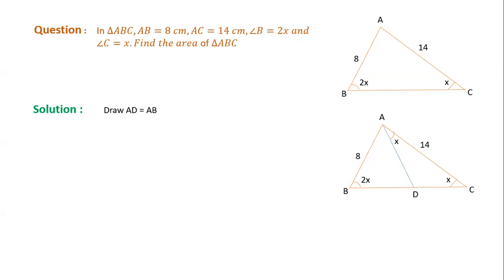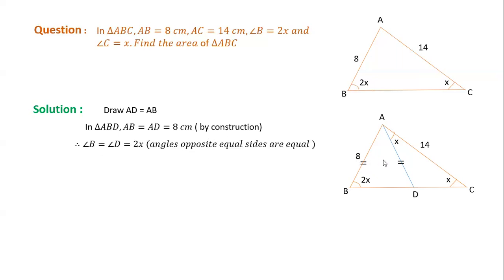In triangle ADB, AB is equal to AD, which is equal to 8 centimeters. Both are equal because we have drawn it by construction.